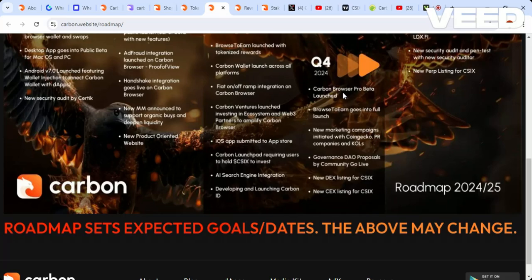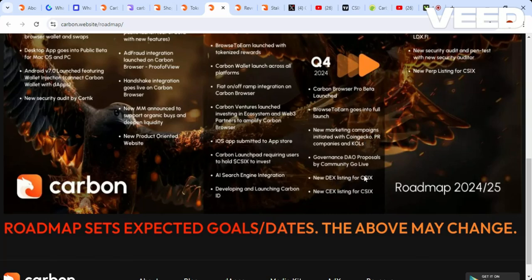And next, in Q4 of this year, 2024, we have the Carbon Pro beta launch. We have the play-to-earn going into full launch. And then we have new marketing campaigns integrating with CoinGecko, CoinMarketCap companies.